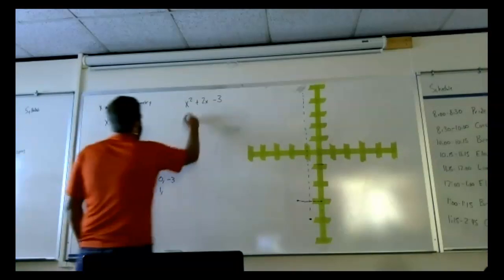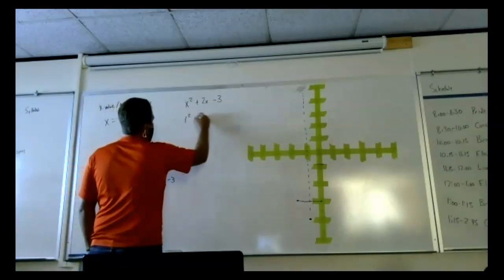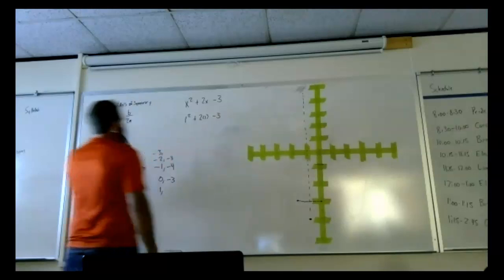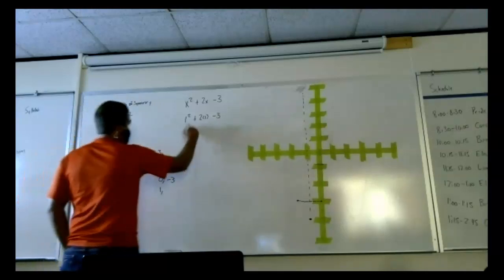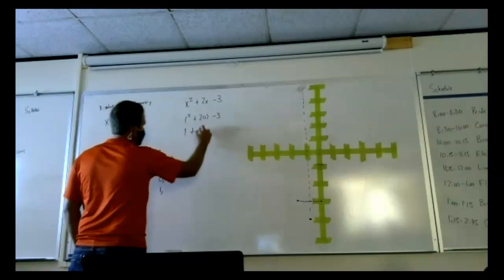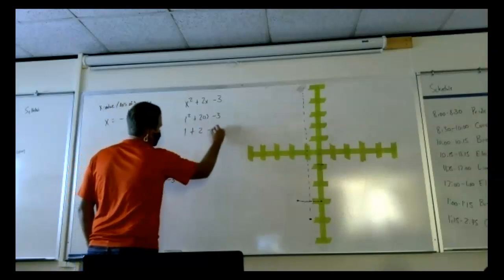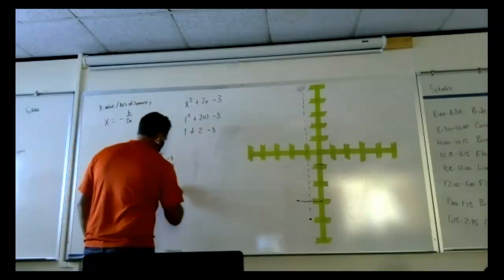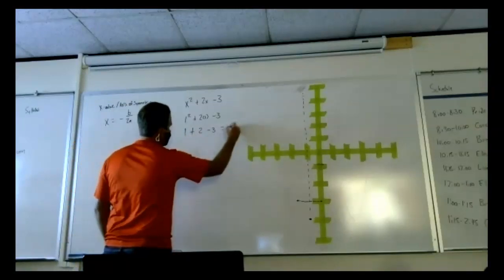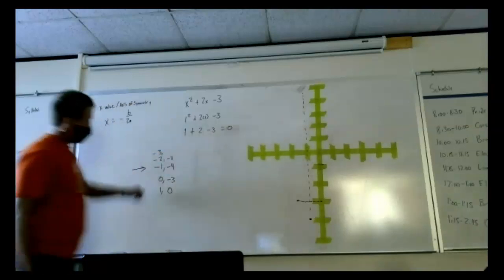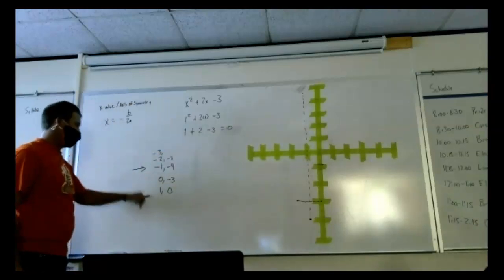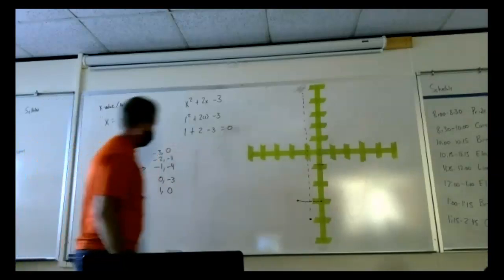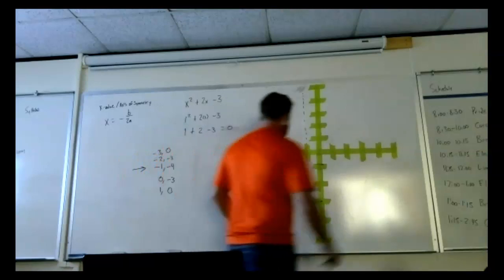So I'm going to plug in 1 squared plus 2 times 1 minus 3. So 1 squared is 1, plus 2 times 1, which is 2, minus 3. And I get 1 plus 2 is 3, minus 3. My y value is going to be equal to 0. And since it is equal distance away from the vertex as negative 3 is, I know that that point is also at 0.